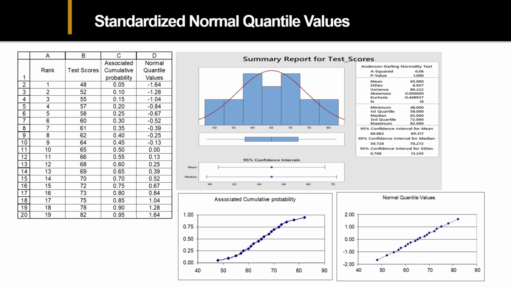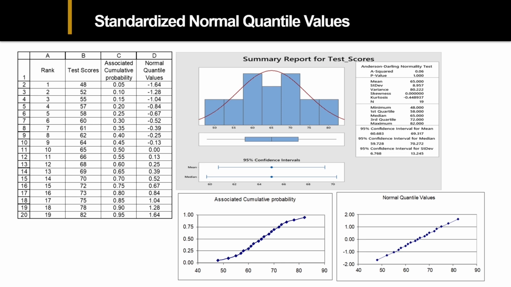Here are the test scores themselves. For 19 of them, I have them ranked from the lowest, 48, all the way up to 82. So we can think of the associated cumulative probability as 0.05 for each one of the ranks as we increase. So normally a 0.05 would get us to 1.645, somewhere around in there, of standard deviations away.